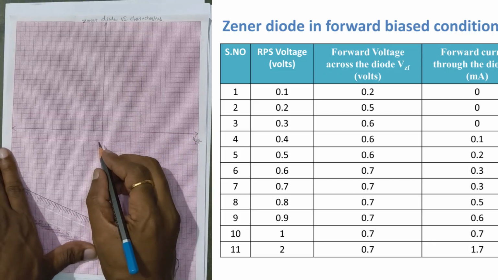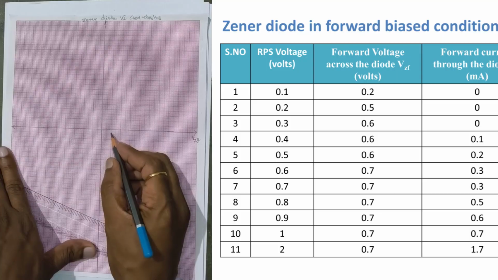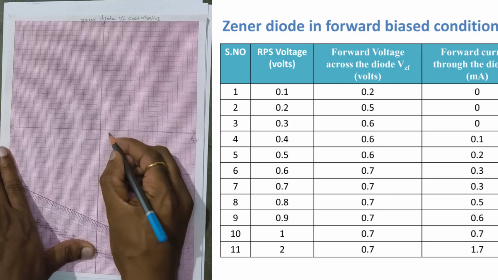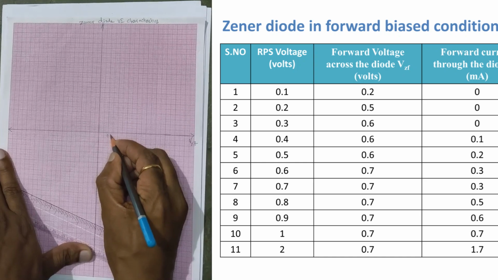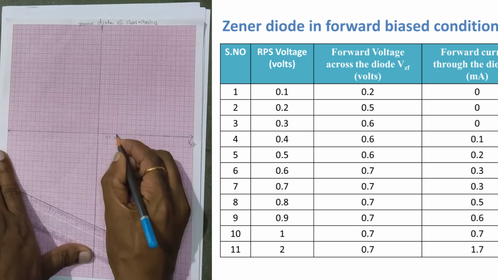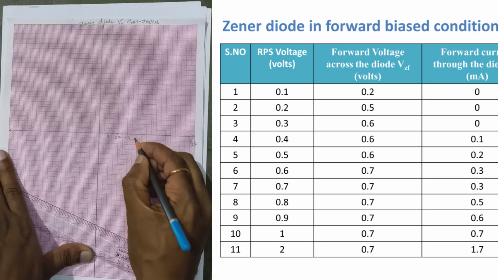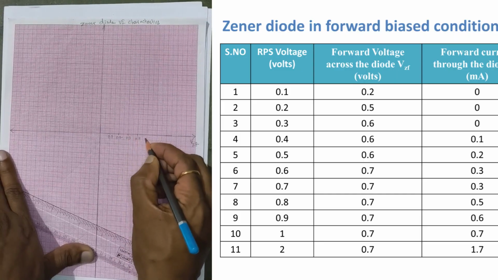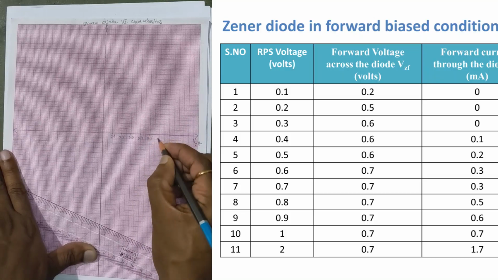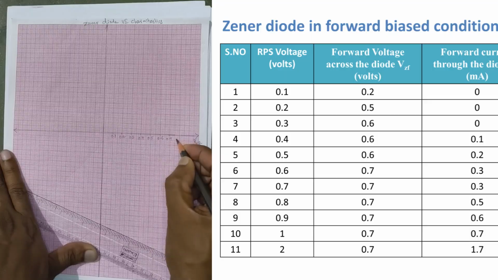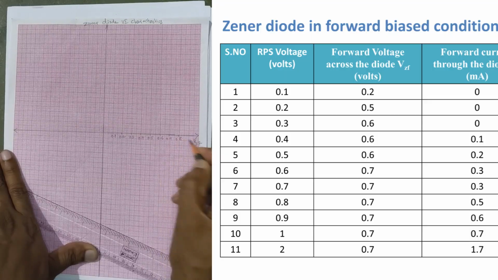The maximum voltage value from the table is 0.7 volts. You can consider 0.1, 0.2, 0.3, 0.4, 0.5, 0.6, 0.7 and 0.8.